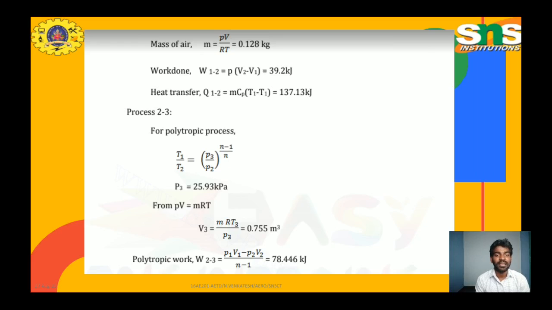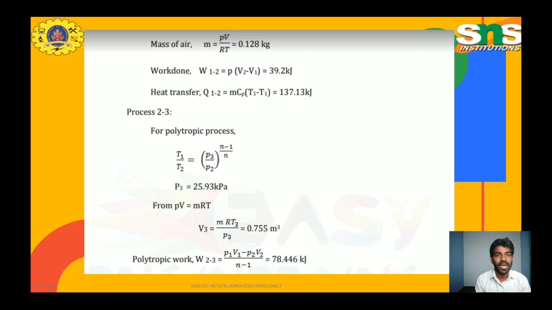Finally we get the exit volume, section V3, from the gas constant equation PV is equal to mRT. In section 3, we substitute P3 V3 is equal to m R T3. Simplifying this equation, finally we get the V3 value as 0.755 meter cube.